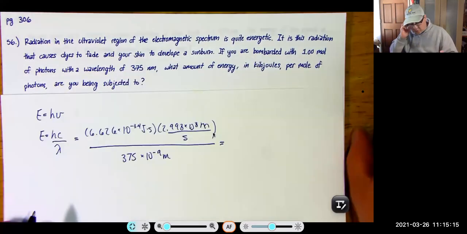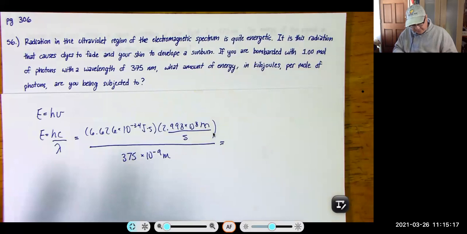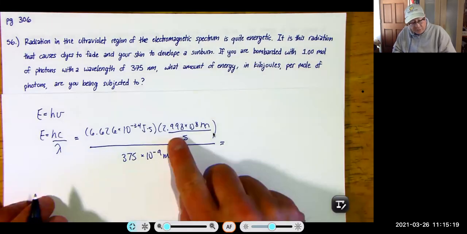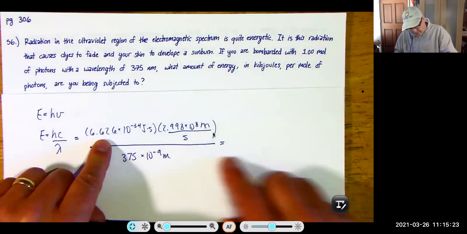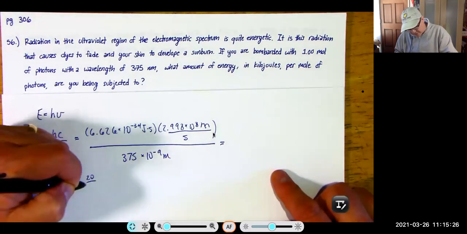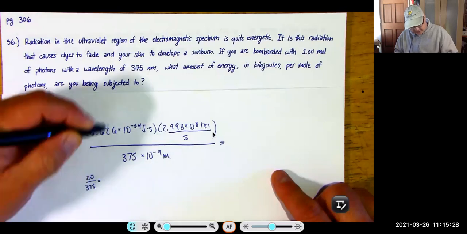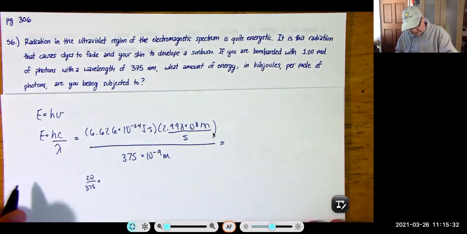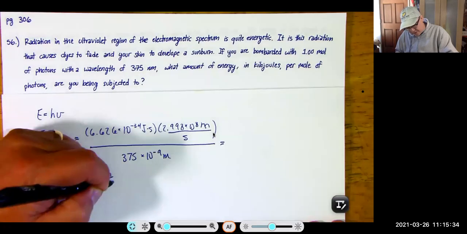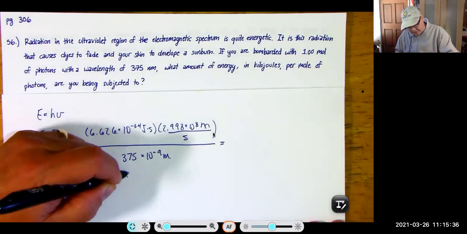And I'm going to do a quick job of estimating. 2.998 times 6.6 is 20. 20 divided by 375 is not even 1/10, right? It's like 1/20th, which is like 0.05.